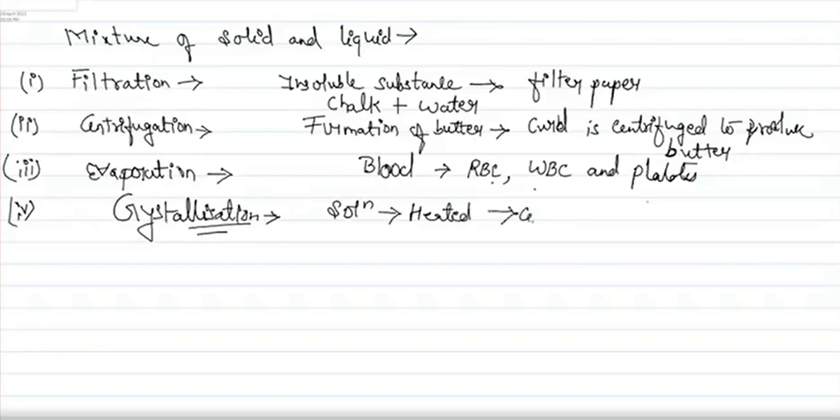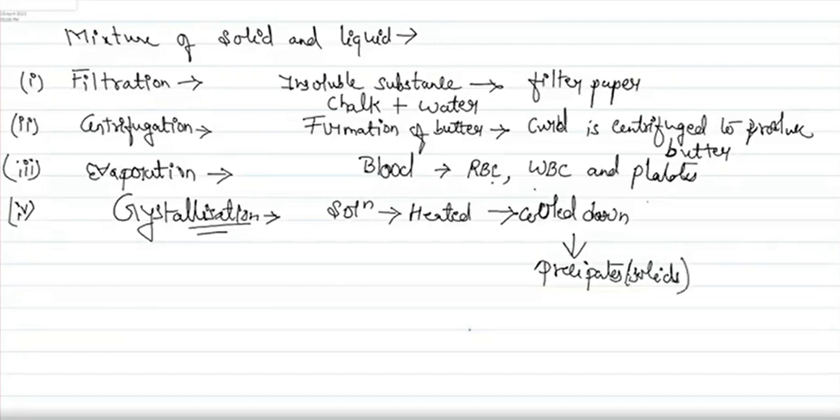Then it is allowed to cool down, but the cooling is done gradually. Due to this, the solid particles present in the solution, the molecules collide with each other, and they start to precipitate, meaning they start to convert into solids and settle down in the solution.